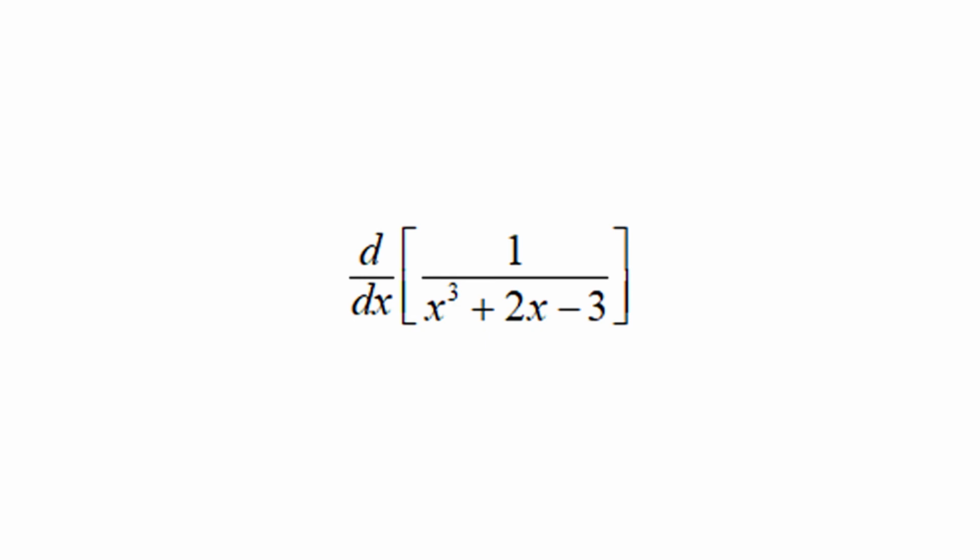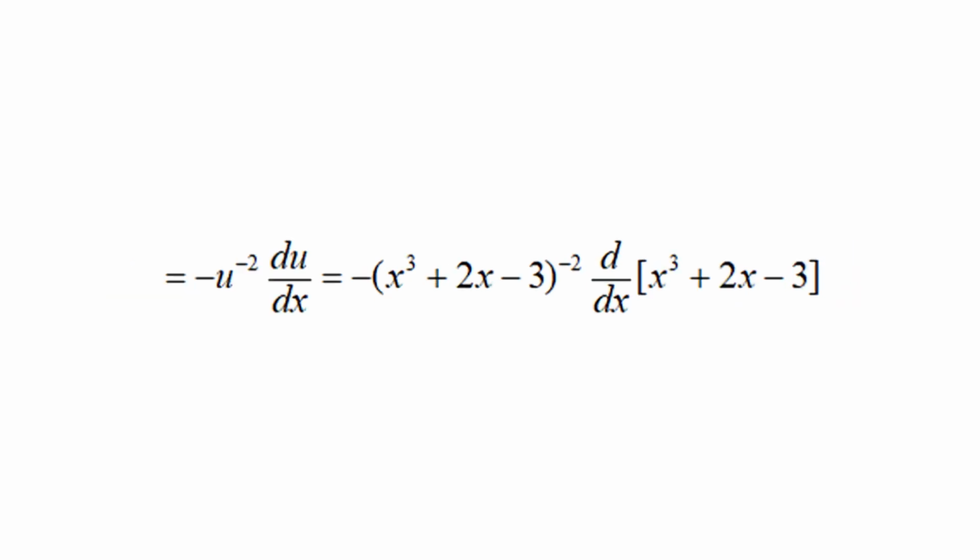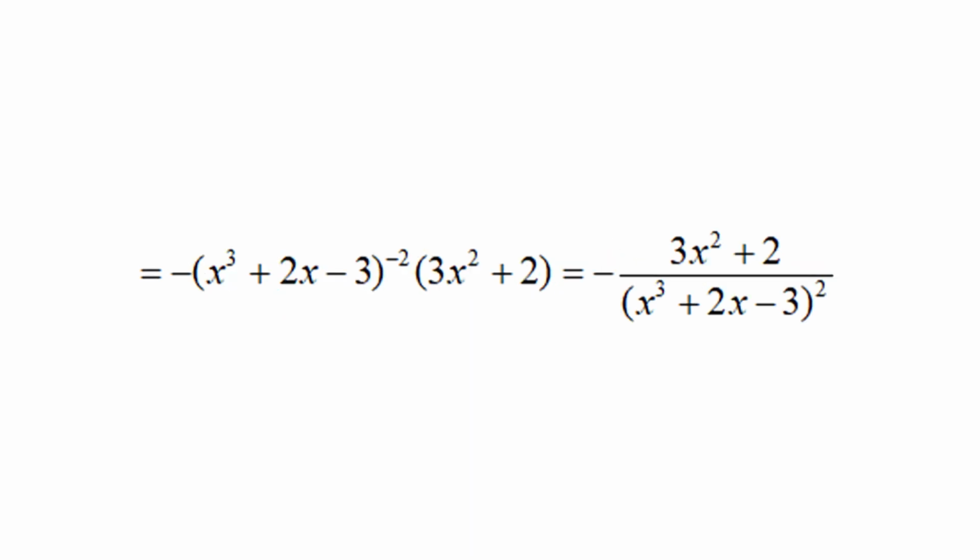If we take u = x³ + 2x − 3, then d/dx of 1/(x³ + 2x − 3) equals d/dx of (x³ + 2x − 3)^(−1), which is d/dx of u^(−1), which equals d/du of u^(−1) × du/dx, which is −u^(−2) du/dx, which equals −(x³ + 2x − 3)^(−2) d/dx of (x³ + 2x − 3), which equals −(x³ + 2x − 3)^(−2) × (3x² + 2), which equals −(3x² + 2)/(x³ + 2x − 3)².